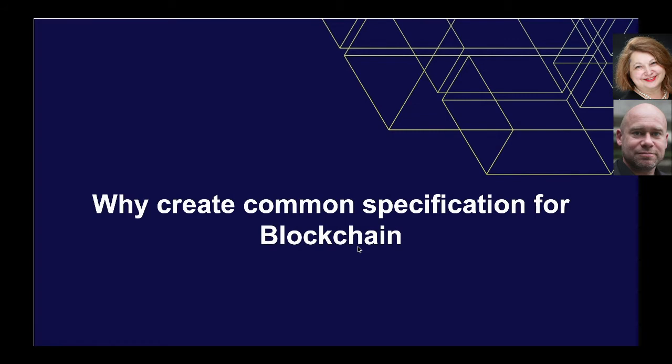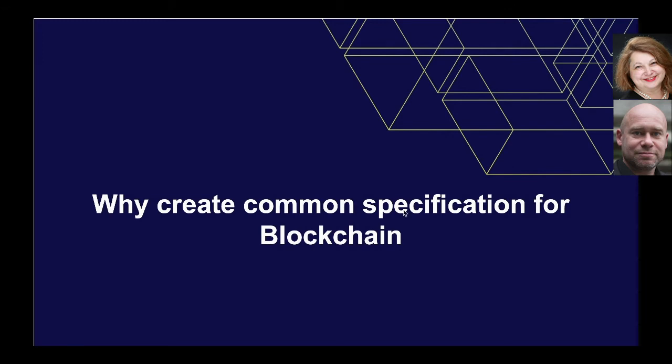Why do we need such a specification? Because after years of experiments, we have an understanding of common pain points we need to address in order for blockchain to become enterprise-grade technology. Really, for market adoption, a common specification is a good start.